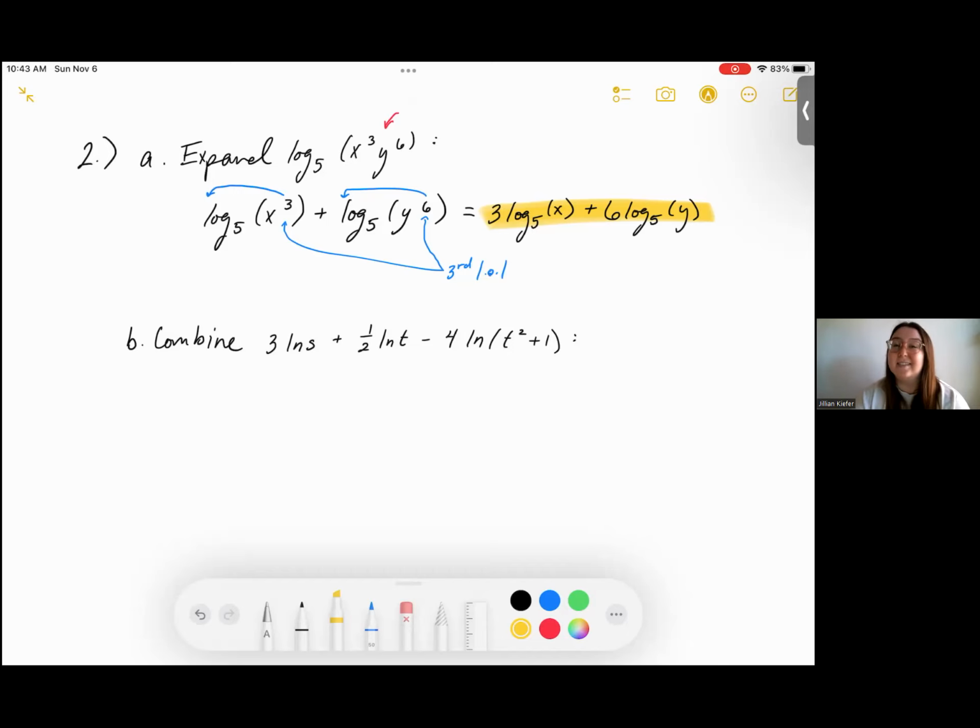So, all right, saying all that, we're going to start with the third law of logarithms. We're going to take this 3, 1/2, and the 4, and we're going to make those all the third law of logarithms. So we're going to bring them all into exponents.